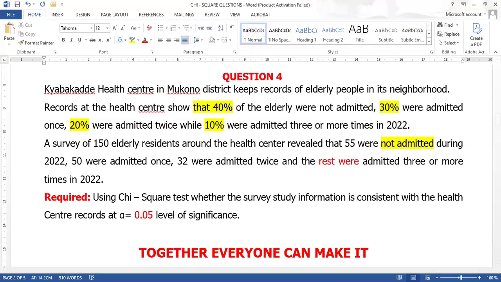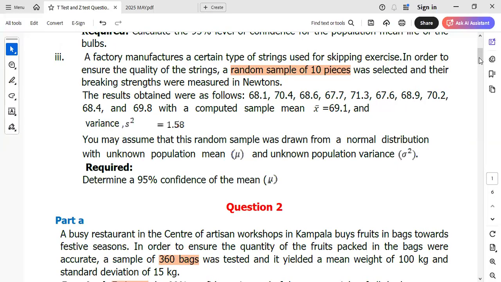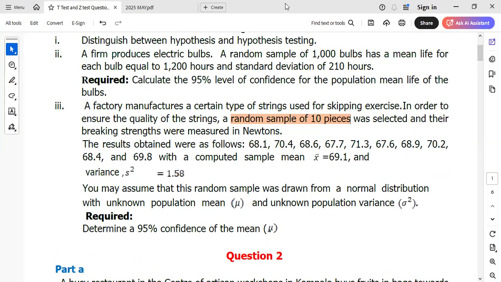There is a scenario where you have more than one sample and more than one mean. How do you handle that? How do you get the confidence limit? We are going to see that.